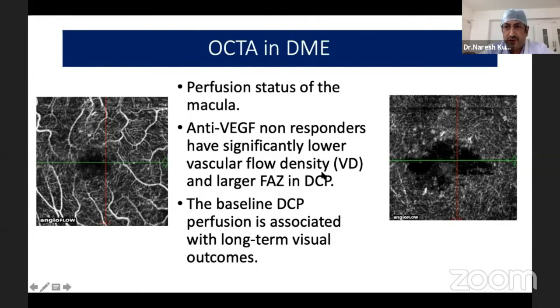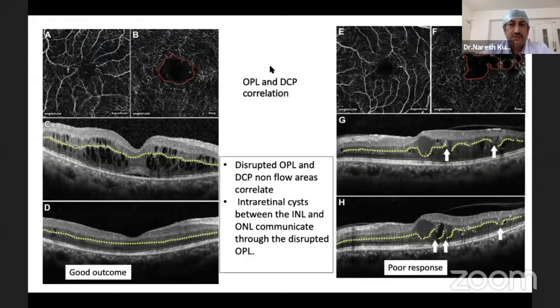Similarly, if microaneurysms are more in the DCP, these patients also may not respond very well. So this is an important correlation. The yellow line that you see is the outer plexiform layer. On the left side, the outer plexiform layer is intact, and you can see the superficial and the deep capillary plexus have no non-flow areas.